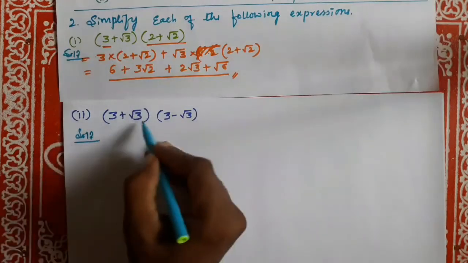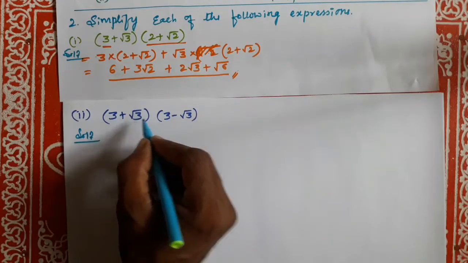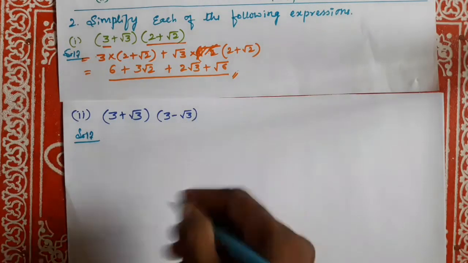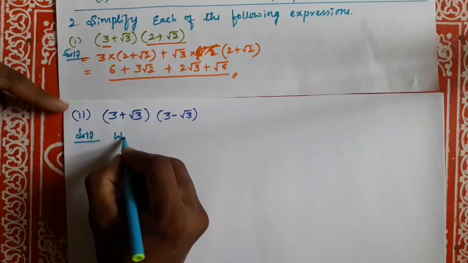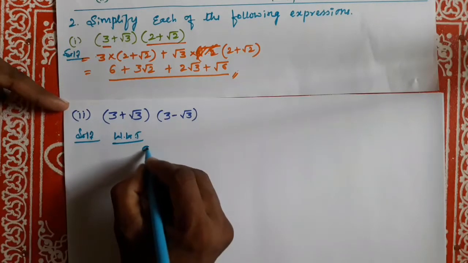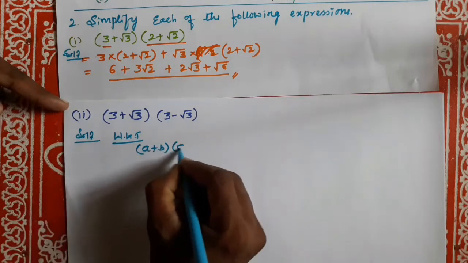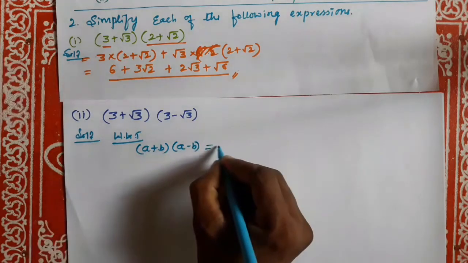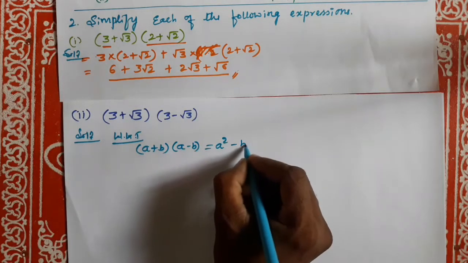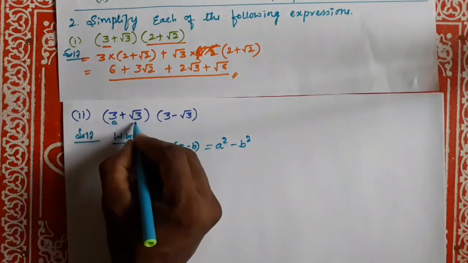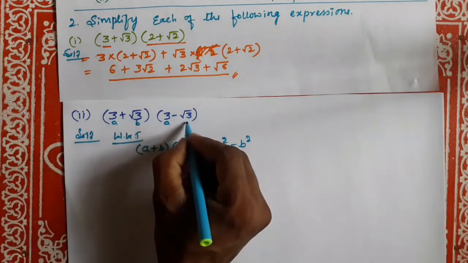Dear students, second question: we have (3 plus root 3) into (3 minus root 3). We know that (a plus b) into (a minus b) is equal to a square minus b square. This is a, this is b.